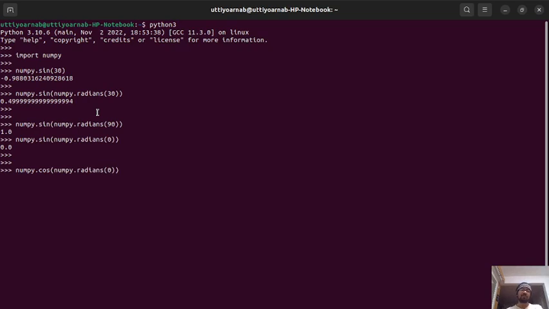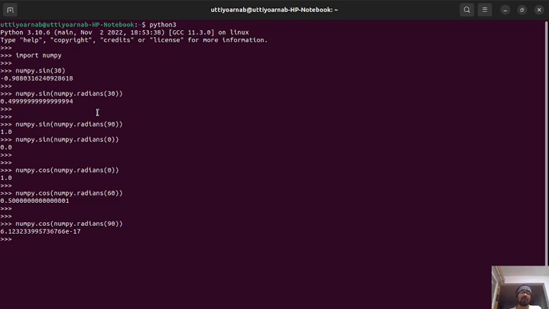So 0 is converted to radians first, and then this gets in as the argument of the cos function, and we get numpy.cos of 0 degrees converted to radians, and we get cos 0 is 1. Like that we can also check for cos 60 and we get 0.5. Cos 90 should give 0.